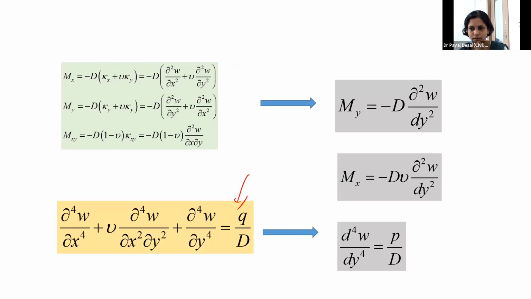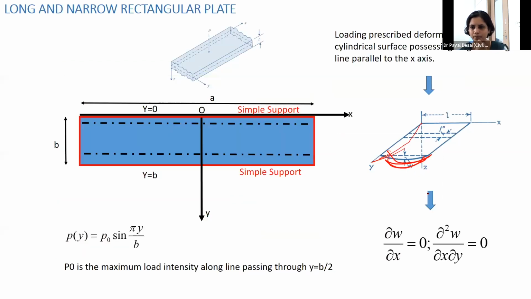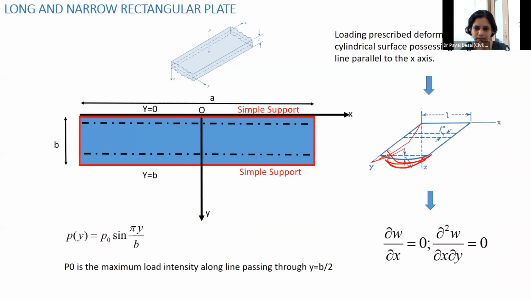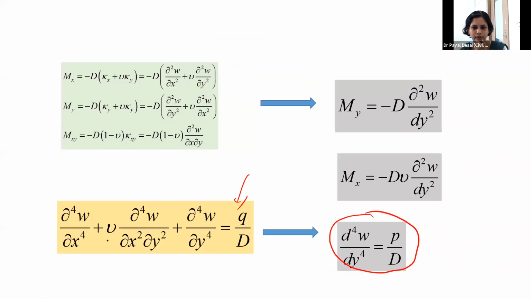Our plate equation becomes, with respect to y, the bending, because the loading varies. Sorry, this is your y direction and this is the x direction; here it is showing the other way around. So in the y direction, you get the differential equation. I have removed the remaining quantities, only the y, and you can simplify it.